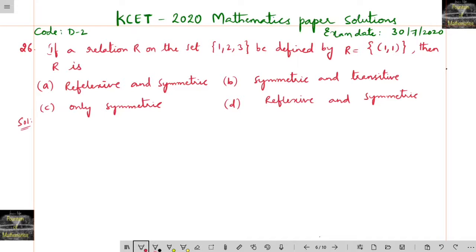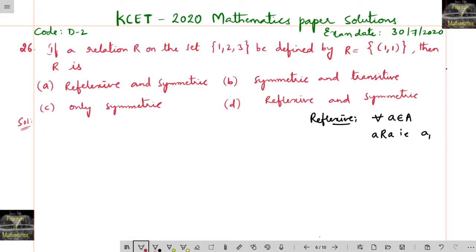So for solving this question, you must know what is reflexive, symmetric and transitive. So reflexive: in a given set A, for every element a belonging to A, we must have a related to a.